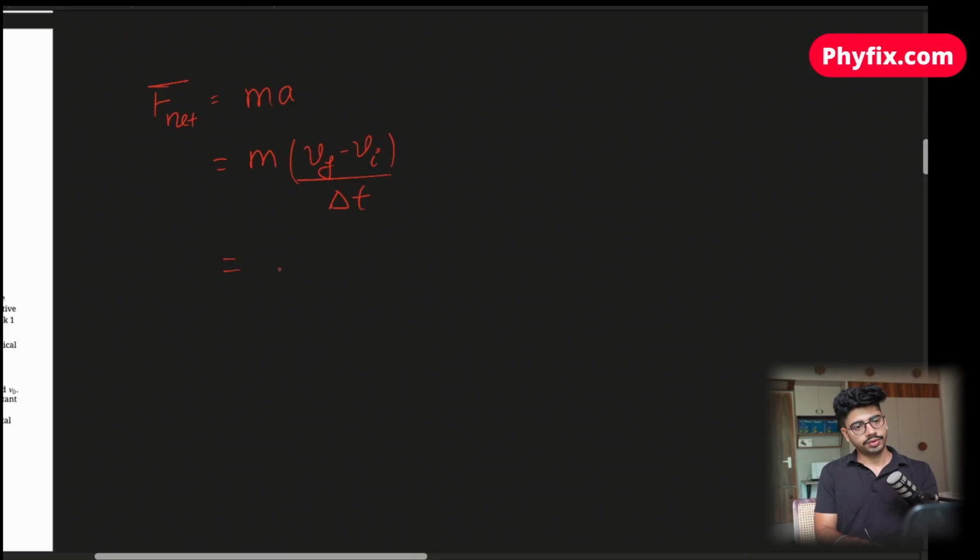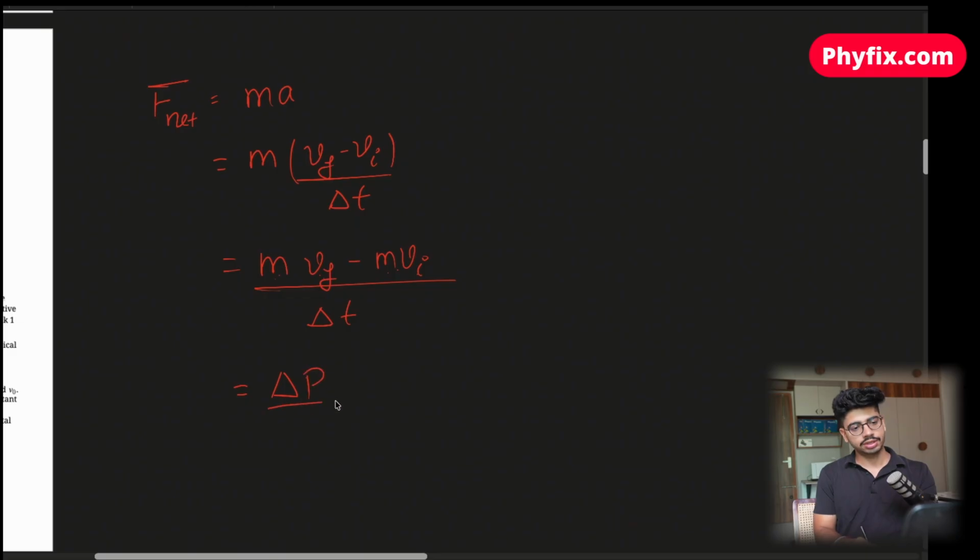So we have mass into final velocity minus initial velocity. I'm just doing the derivation to show you, but it is not required. This is mass times final velocity, mass times initial velocity. Mass into velocity is final momentum, and this is initial momentum.